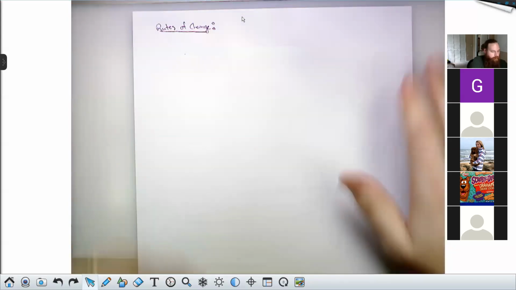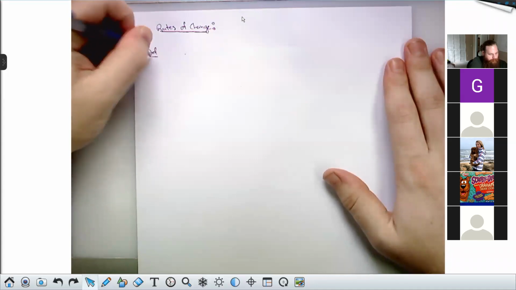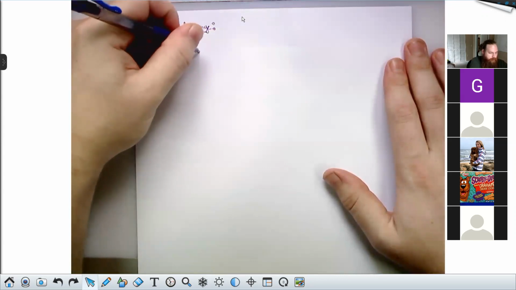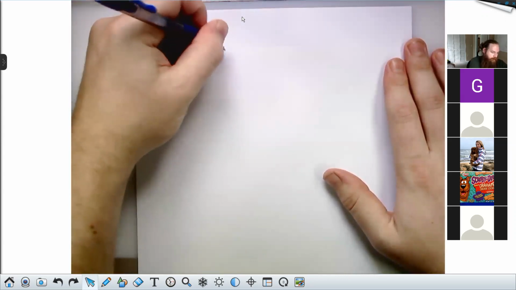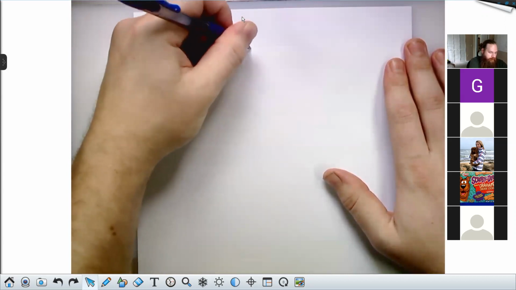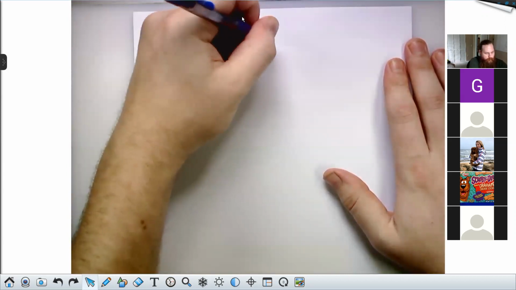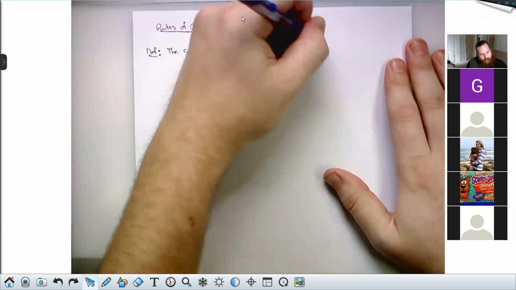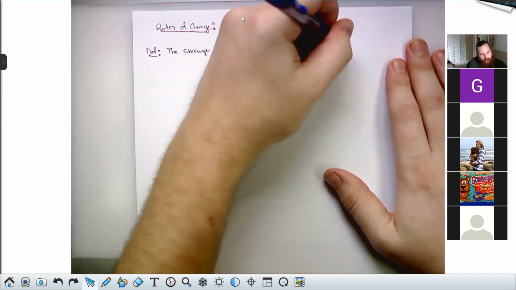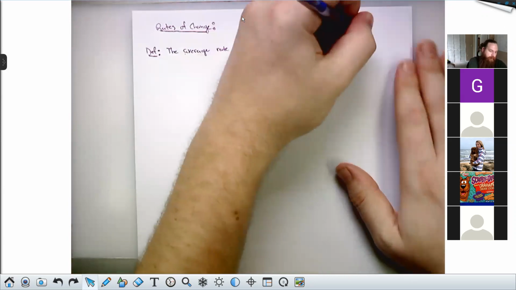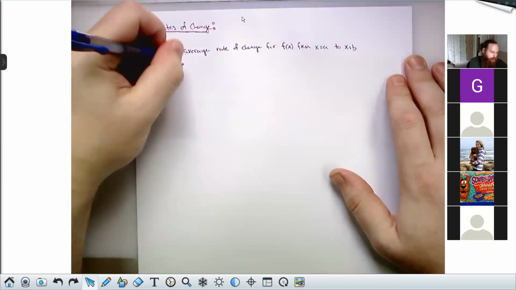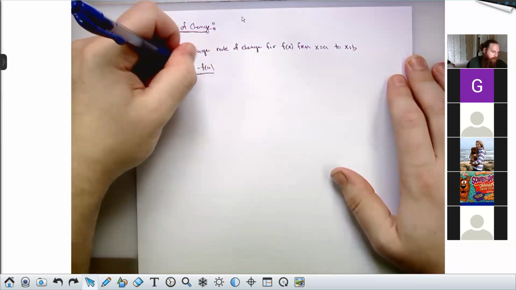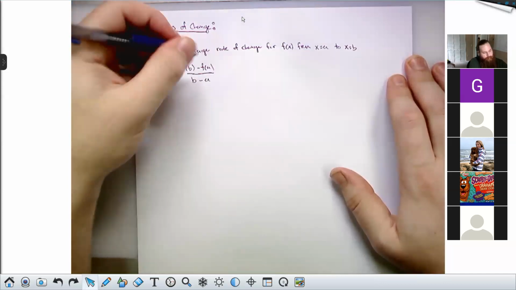First, let me give you the definition. The average rate of change for the function f of x from x equals a to x equals b is f of b minus f of a over b minus a.